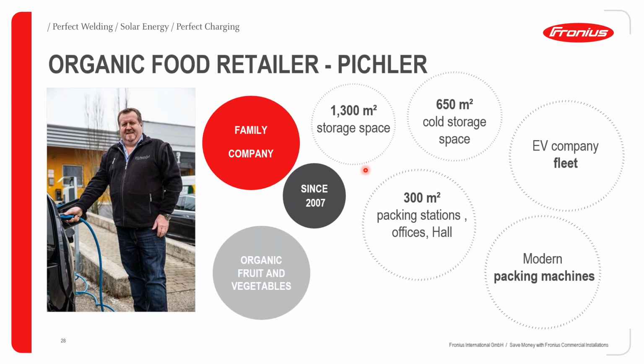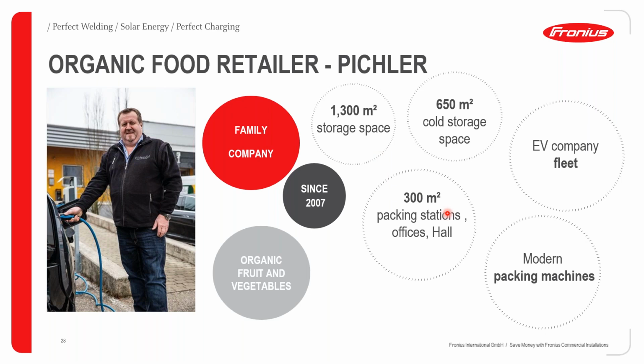So it has a total storage space of 1,300 meters squared. Part of this, 650 meters squared is used for cold storage, and then 300 meters squared is used for parking station, office, and hall. And then, yeah, so that's basically it.